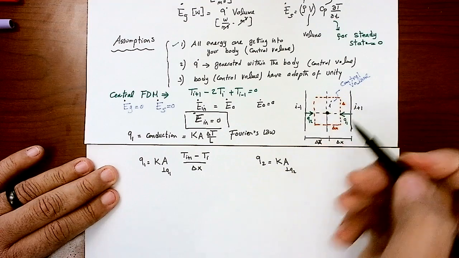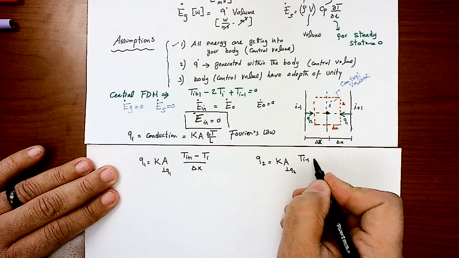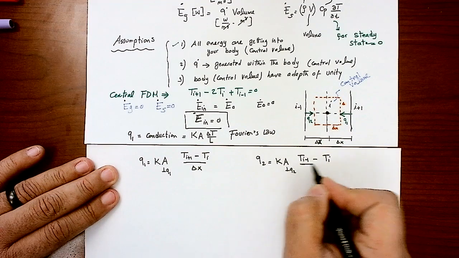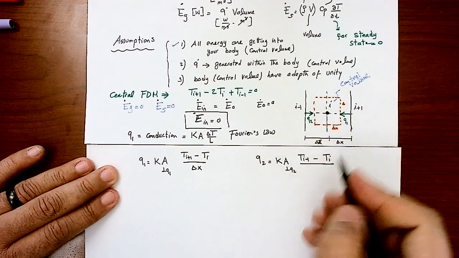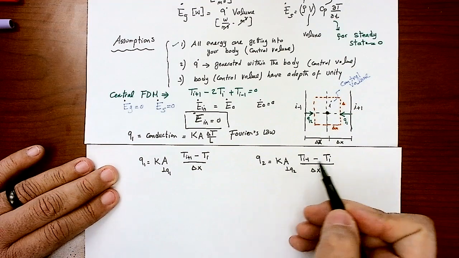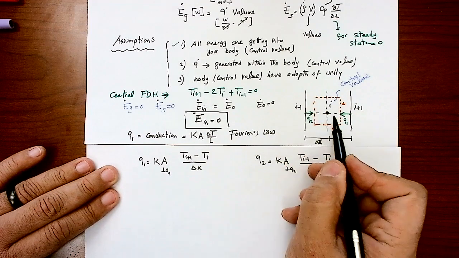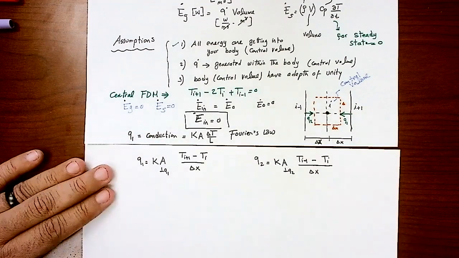Same height, same depth. And now delta T, I will take Ti minus 1 minus Ti, and the distance between the two nodes here is actually delta X. Oh, stop. Why didn't you do Ti minus Ti? It's coming in. This higher temperature compared to this one, go back to the original assumption here. Okay?